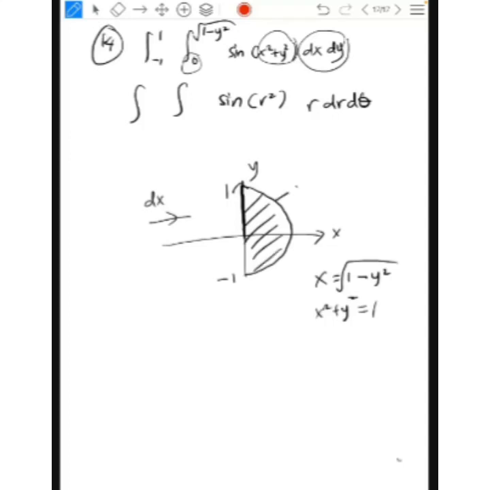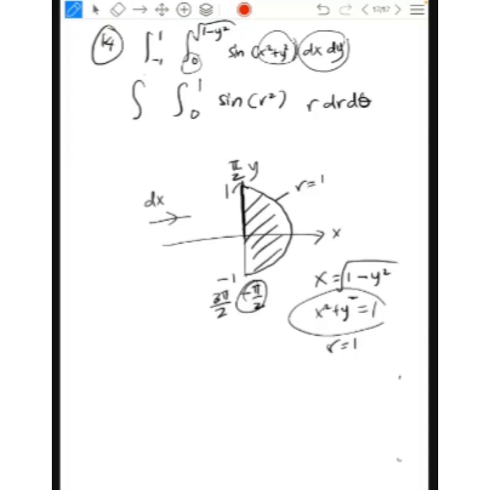Okay, so this one is r equals to 1, from here means r equals to 1. So r is 0 until 1. Okay, for theta, this is negative pi over 2, this is pi over 2. For this one you cannot take 3 pi over 2, because the lower limit must be less than the upper limit.